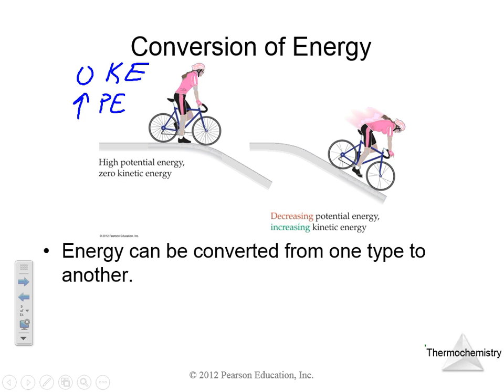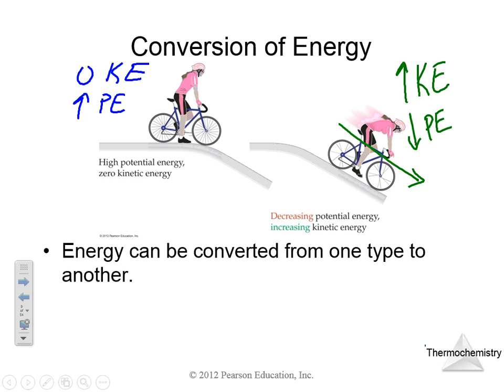The second they start going down the hill, what's going to happen to their kinetic energy? It's going to start increasing. Why? Because they're moving, their velocity is increasing, and their potential energy is going to decrease because they are getting closer to the bottom of the hill, so they are losing their height. However, the cool thing about this is that since energy is always conserved, the amount of potential energy lost is the amount of kinetic energy gained in this system.